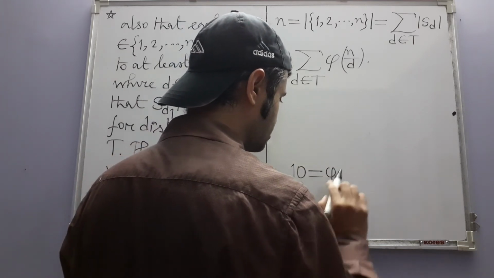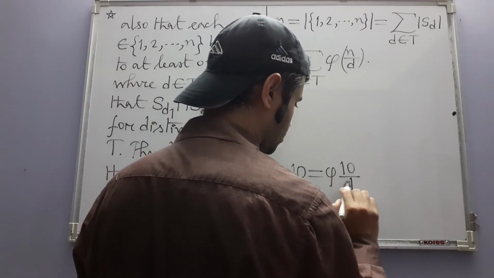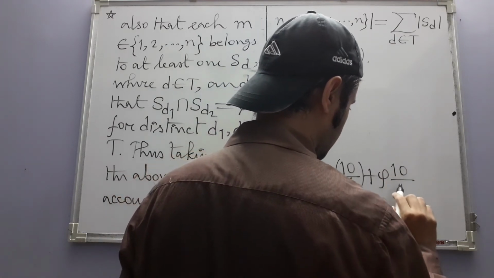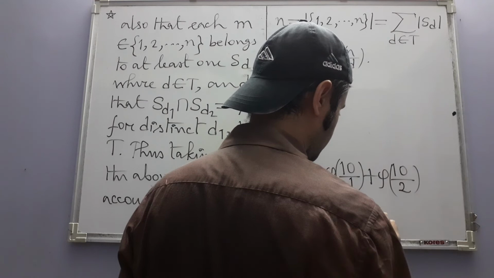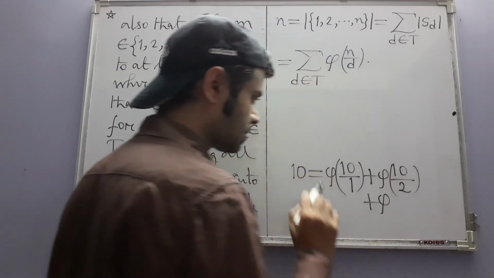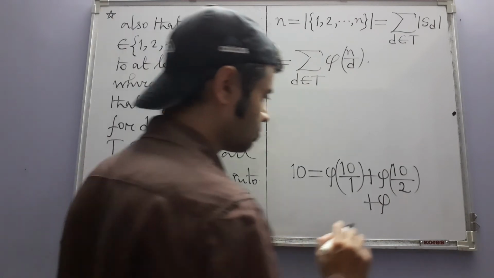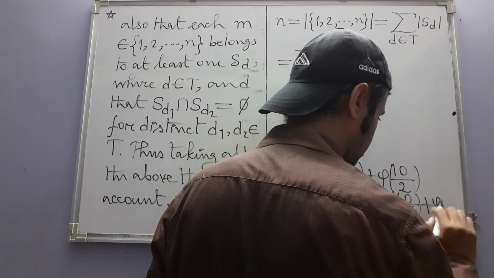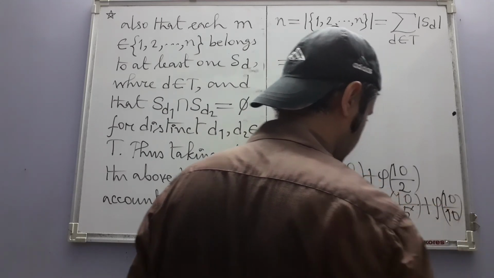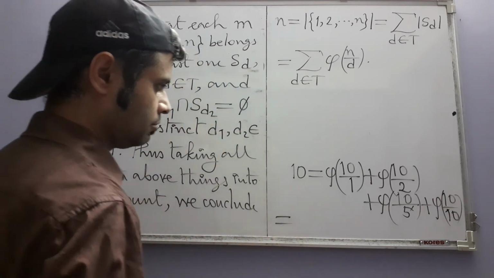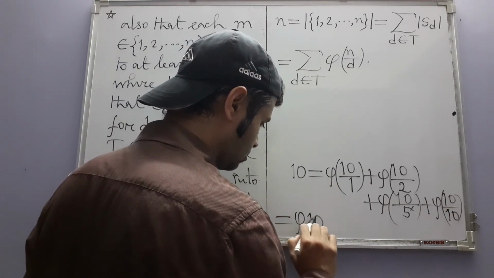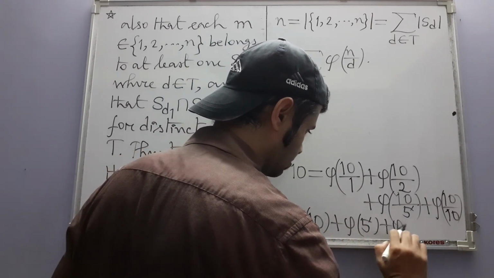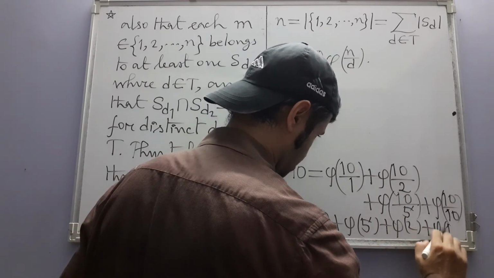We noted that these things, we interpreted them as phi of the given integer divided by one of its divisors. But this is phi of 10, phi of 5, 2 and 1 respectively.